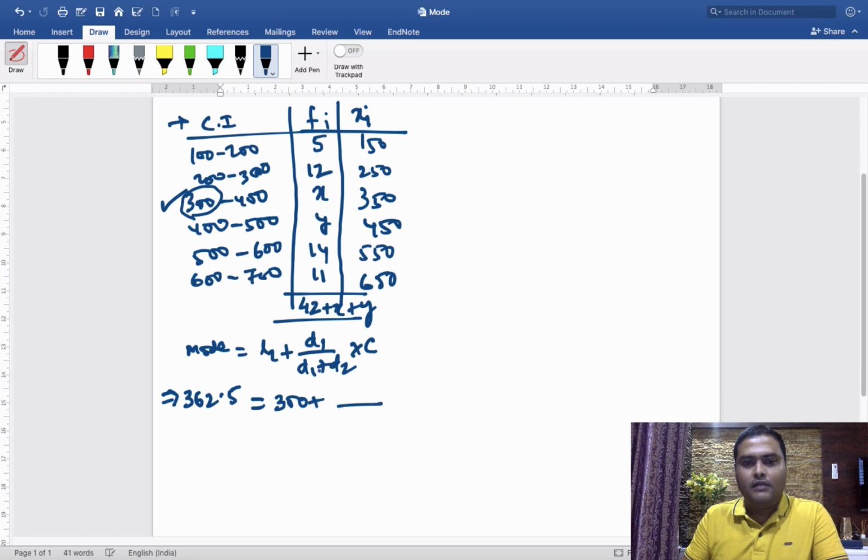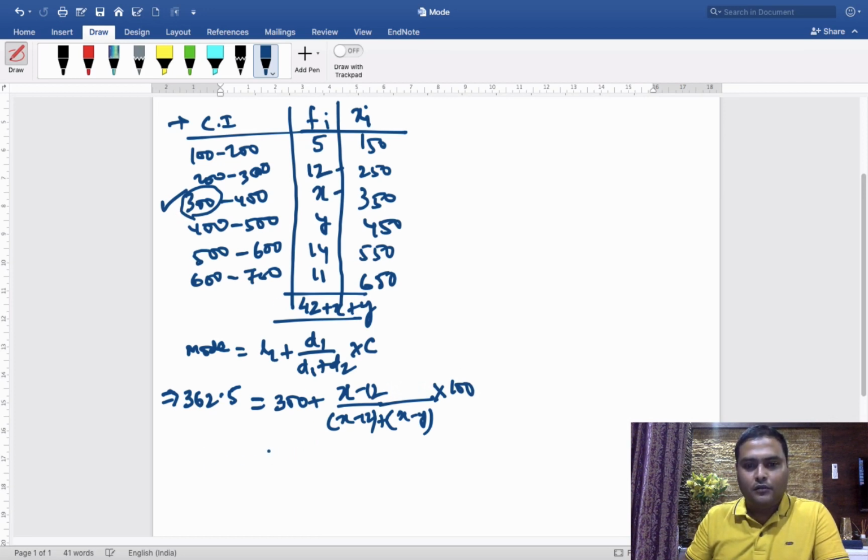D1 is the frequency of the mode class minus the frequency of the previous class, so x minus 12. D2 is the frequency difference between the mode class and the next class, so x minus y. And it will be multiplied by 100 because the class width C is 400 minus 300, which is 100.